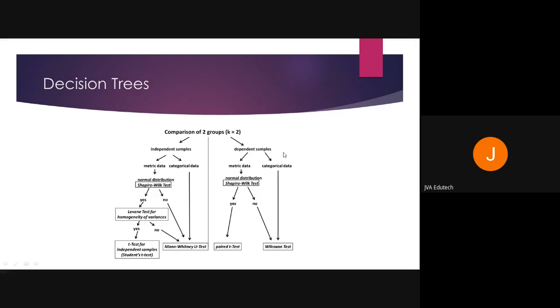Now your independent variable is divided into two categories. So how many independent variables do you have? We have metric and categorical. In metric, we have two, and in categorical, we have two: nominal, ordinal. No, I am asking that you have one dependent variable and one independent variable.